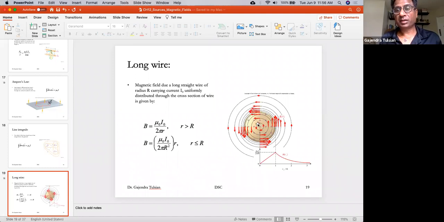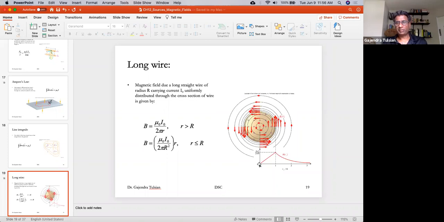The magnetic field lines are circular, and as you move away from the center, the field gets stronger and stronger. The red arrows are magnetic fields. It's strongest at the surface of the wire, and then once you're outside the wire, the strength starts decreasing again. That's what's shown on this graph.